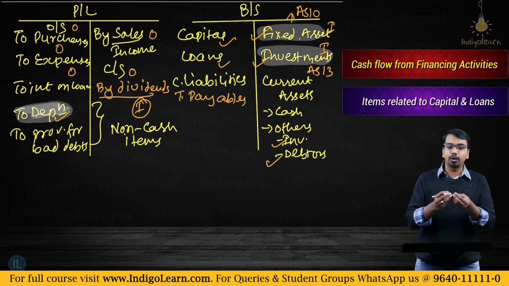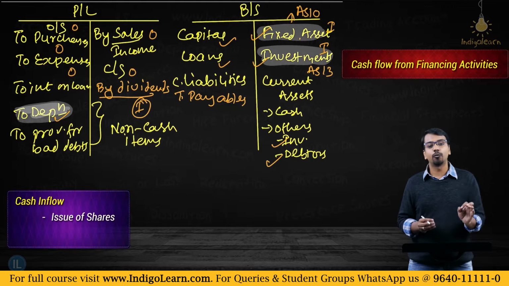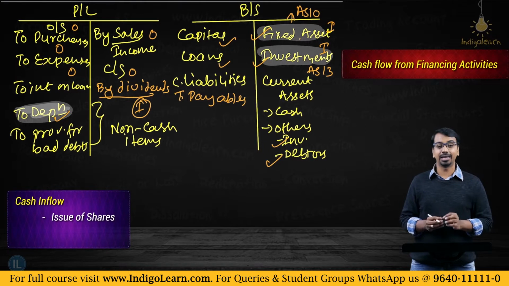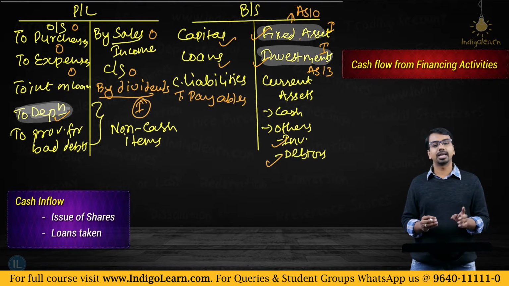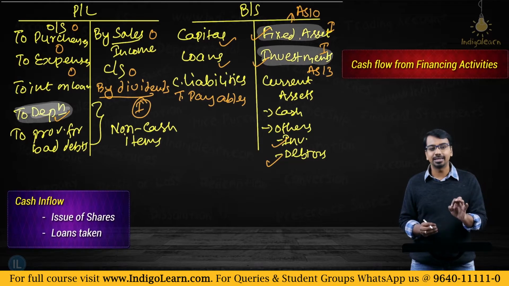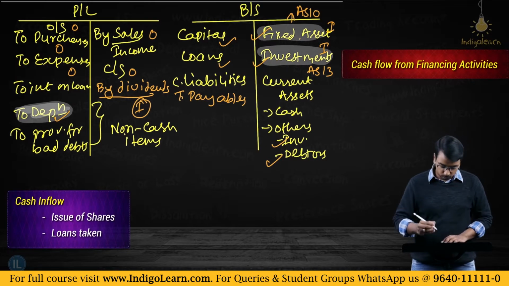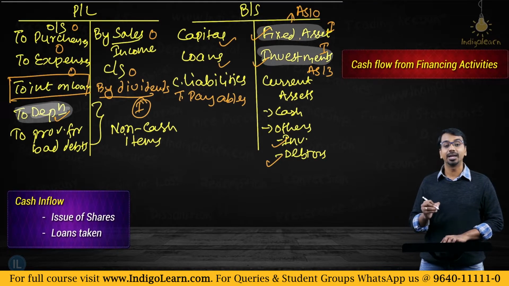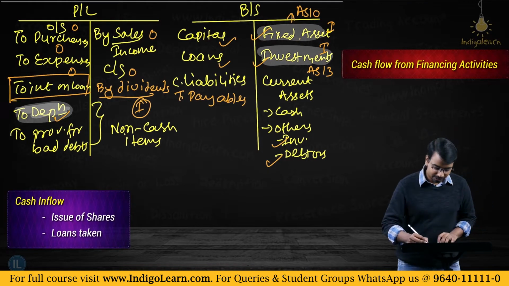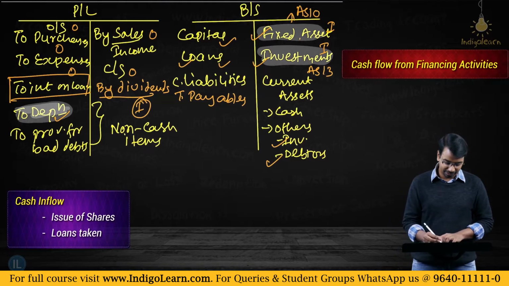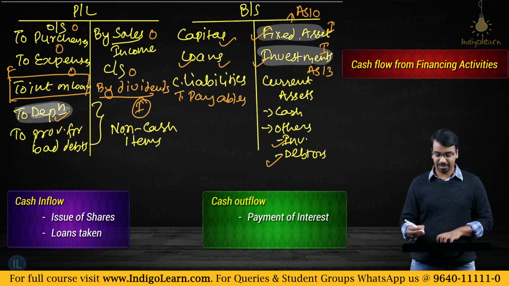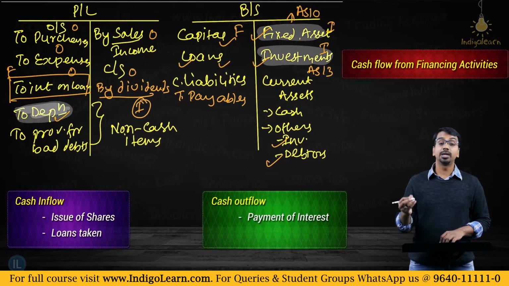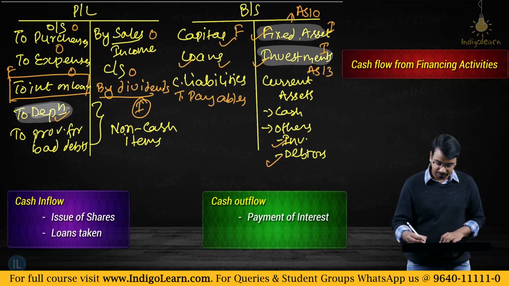So if you get money from shares, you will say cash flow from financing activity. If you get money from loans, you will say cash flow from financing activity. Now for this loan, you have paid some interest. The rule is, if this is classified as financing activity, even this should go under financing activity. So issuing shares, collecting money is a financing activity.